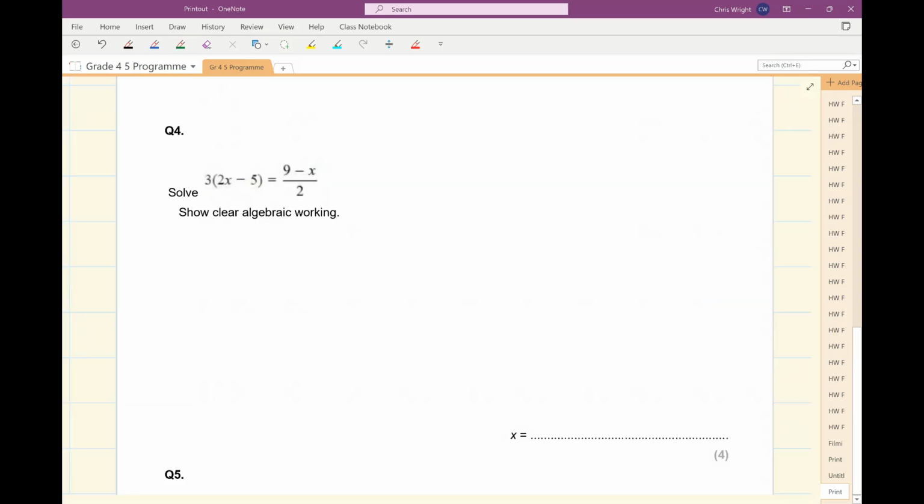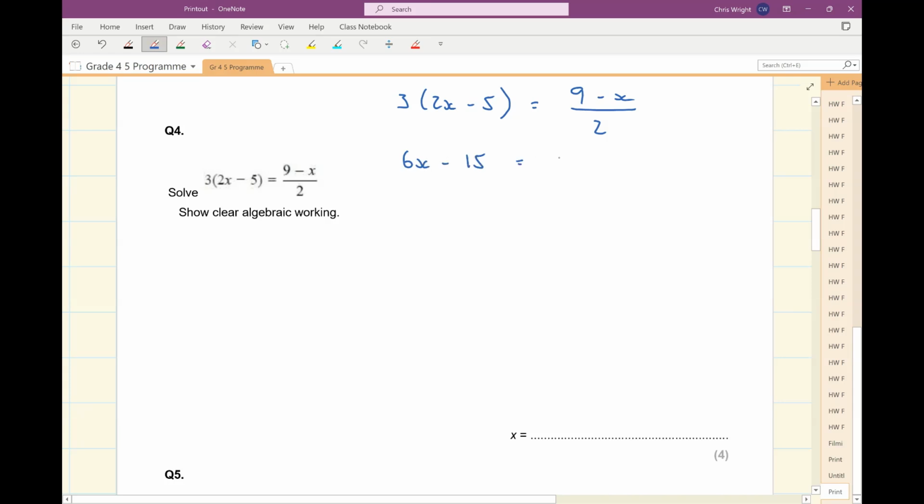Okay, question 4. Right, let's write down this question up here. I've got 3 lots of 2x minus 5 equals 9 minus x over 2. Well, let's multiply out that bracket first. So that's going to be 3 times 2x, 6x, copy the sign, 3 5s are 15, equals 9 minus x over 2.